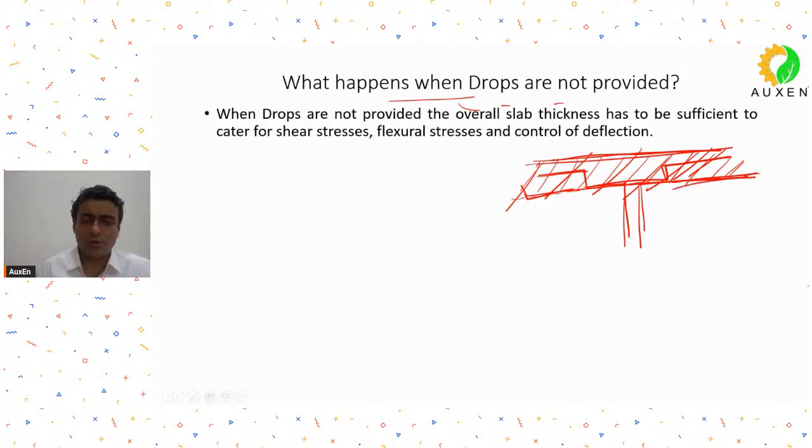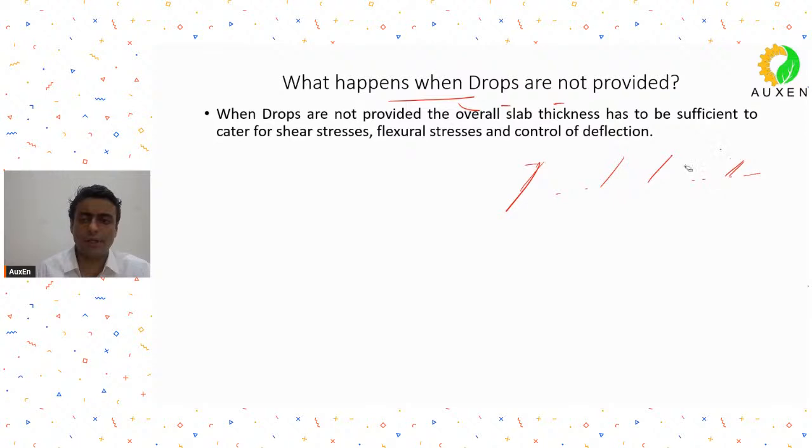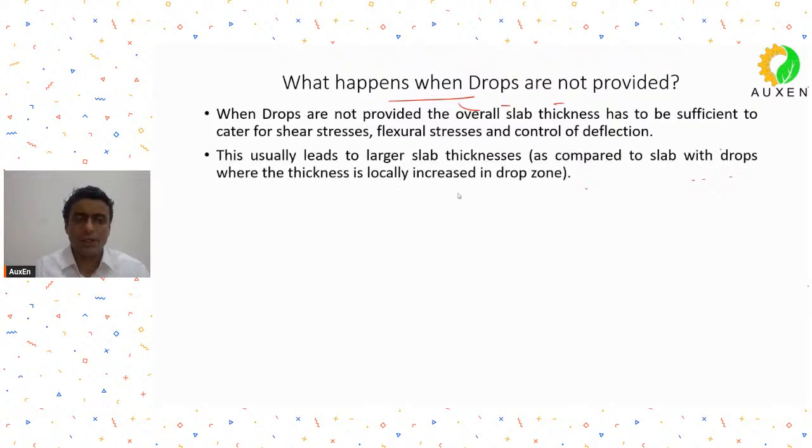Therefore, you will have to have an overall slab thickness sufficient to cater for the shear stresses at column locations, and it also helps you to control the deflection. And of course, because you now have to provide a uniform thickness without drops, obviously you will have to provide a larger slab thickness as compared to when you provided drops in the column region. Okay, I hope this is clear.